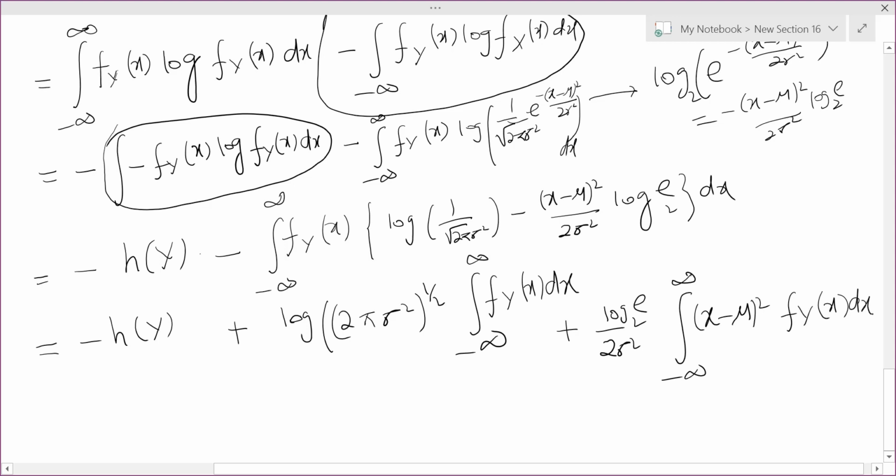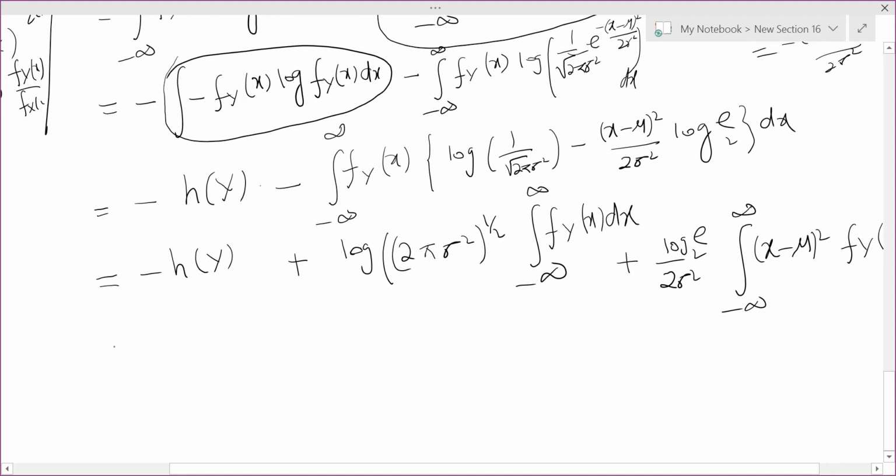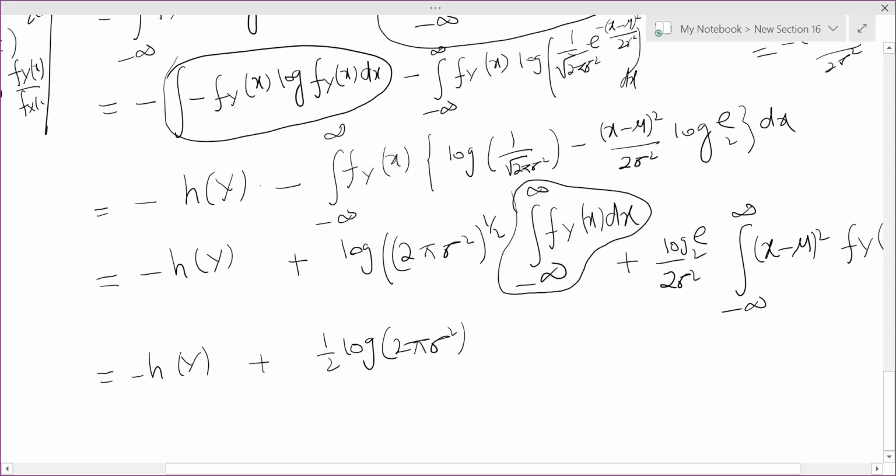See, we are talking of two distributions, but the variance of both distributions will be the same. That is very important. So first will be minus h of y plus half log of 2 pi sigma square. Okay, integral from minus infinity to plus infinity of fy will be 1 because it is a PDF.